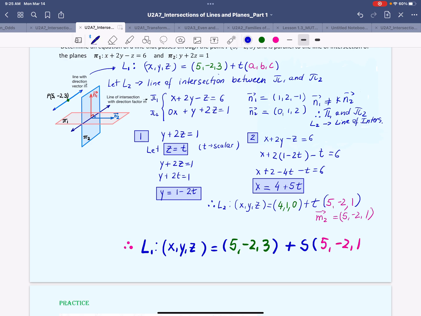Remember that this is a possible line or equation of a line because for the direction vector we can take any multiple of the direction vector (5, -2, 1). So this would be the equation of the line L1, which is drawn from some point outside of these two planes and is parallel to their line of intersection.